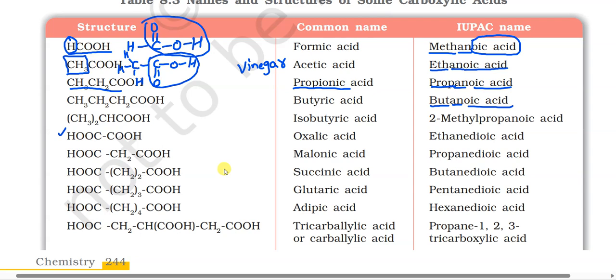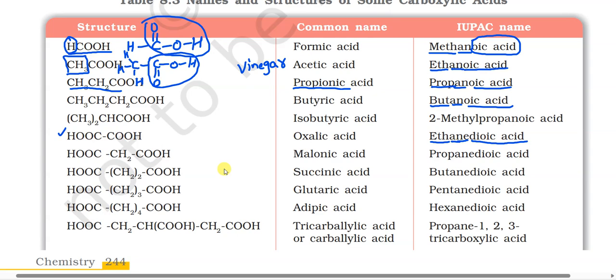If 2 COOH groups are there, the IUPAC rules are the same. With 2 carbons, eth, between them a single bond, an. But as 2 COOH groups are there, we use the word dioic acid.